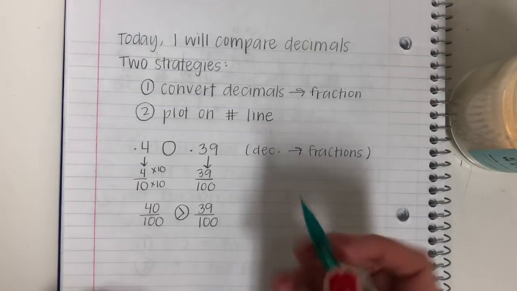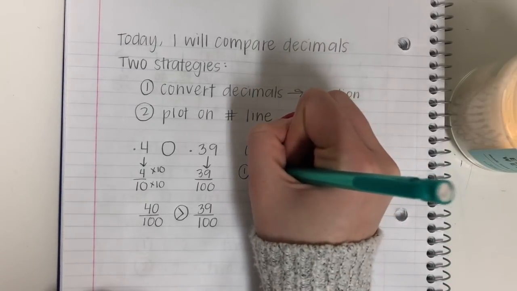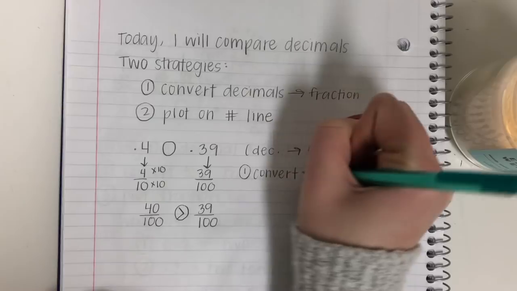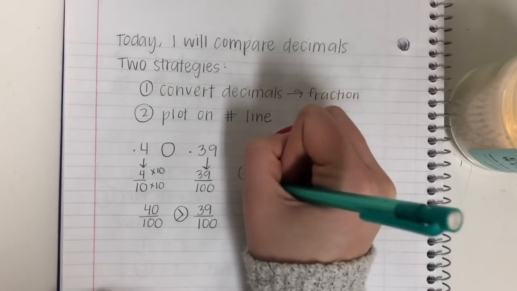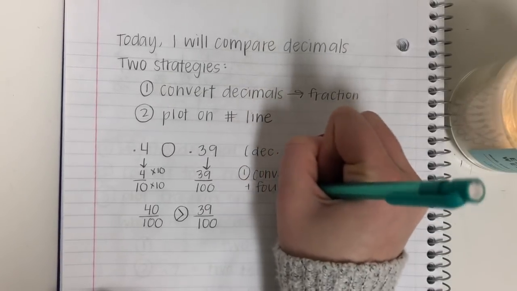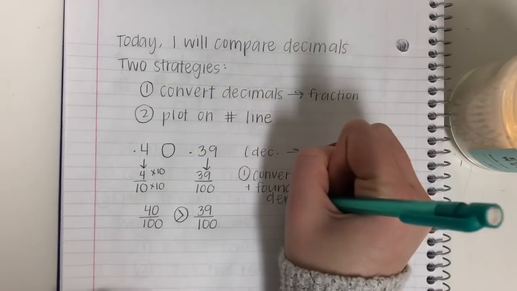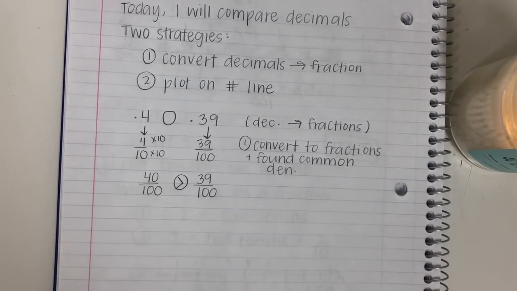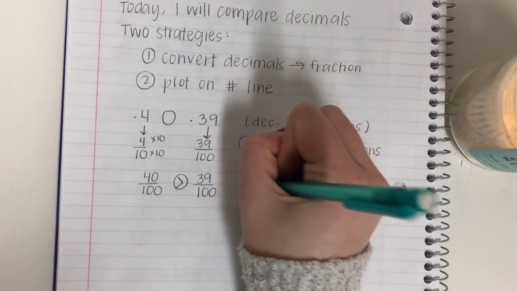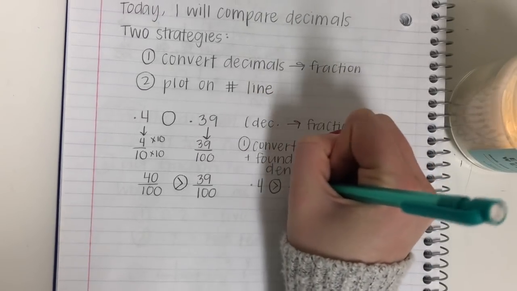So what we did is we put them into fractions, convert to fractions, and we found common denominators. Okay, so that's kind of all we did for that one. The second is plotting them just straight on a number line and not converting them, so keeping them in decimal form. So if we need to rewrite this, it would be 0.4 or 4/10 is bigger than 39/100.